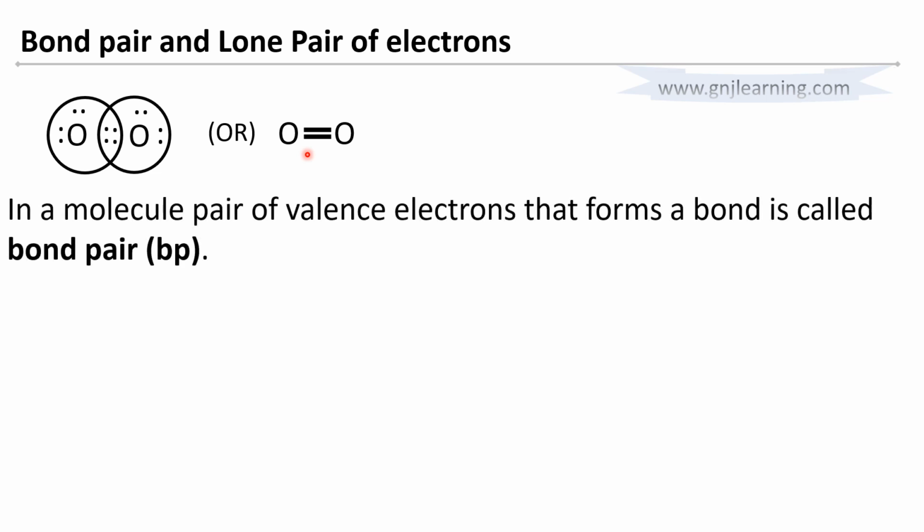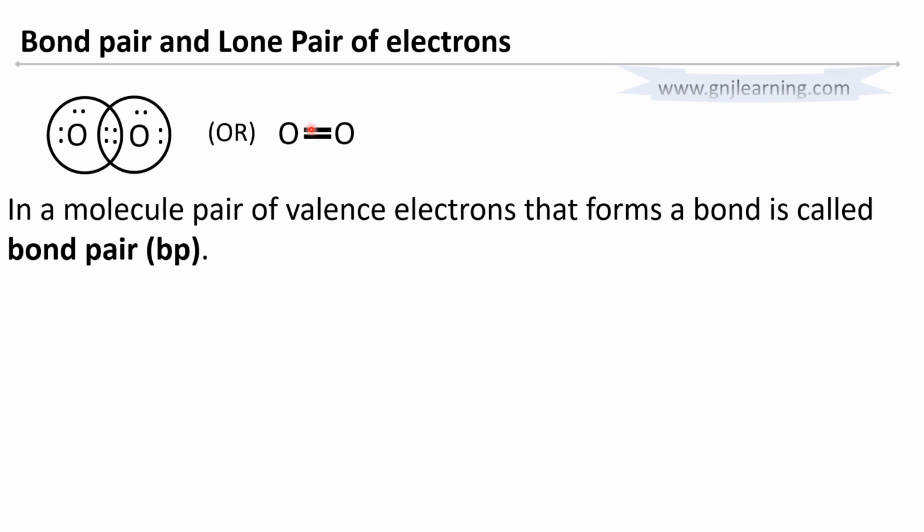This is what Lewis and Kossel were suggesting. In a molecule, a pair of valence electrons that forms a bond is called a bond pair. In this molecule you can see 2 dashes, 2 lines. Each line represents a pair of electrons.